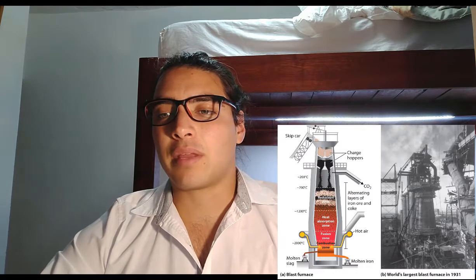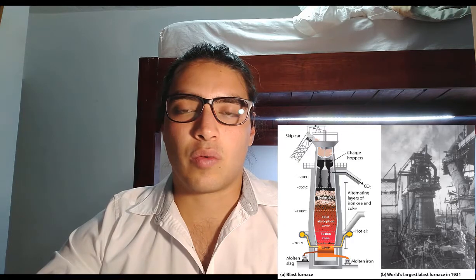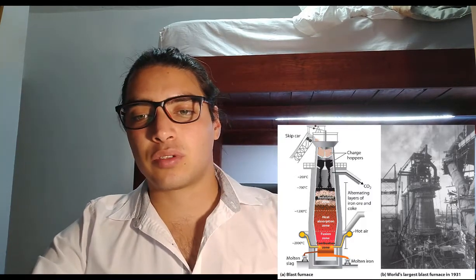For a long time, charcoal, the black part made of carbon, was the form of carbon used to reduce the ore in the process.